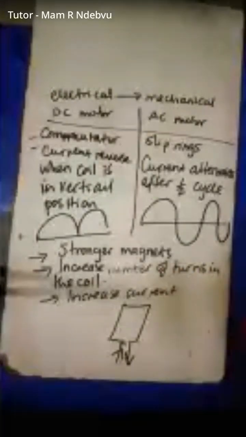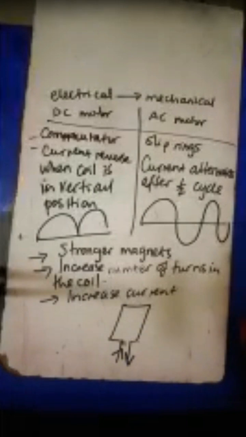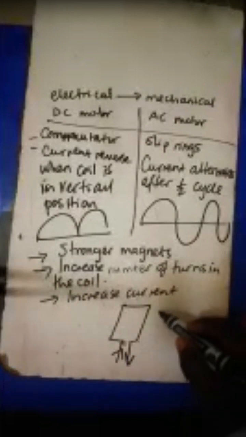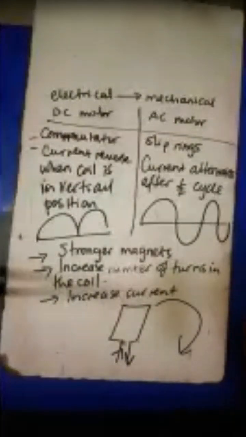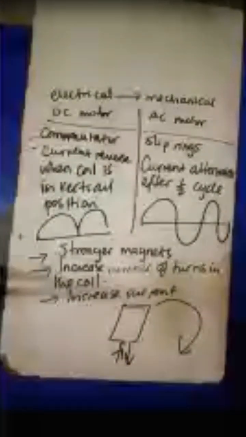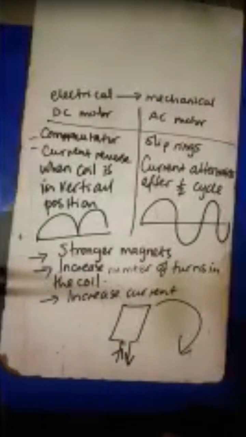So the question says, in which direction, clockwise or anti-clockwise, would the coil or the armature rotate? Can you see the current is going clockwise like this? Always the coil is in the opposite direction to the current, in a generator and in a motor.